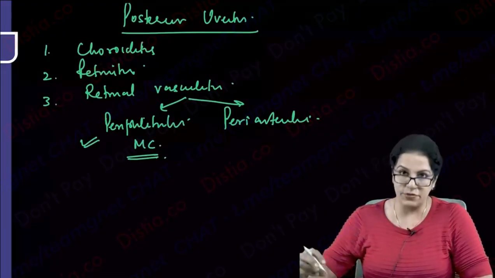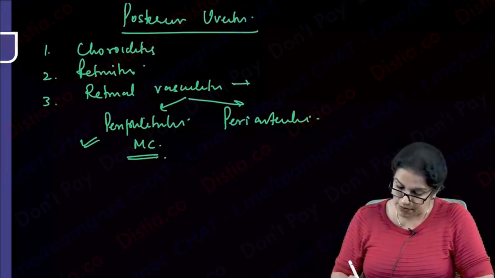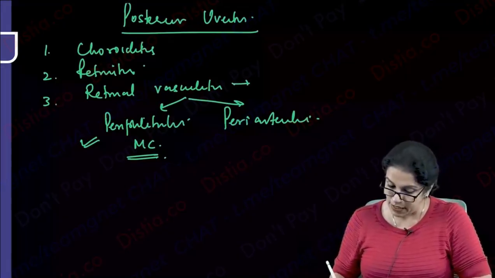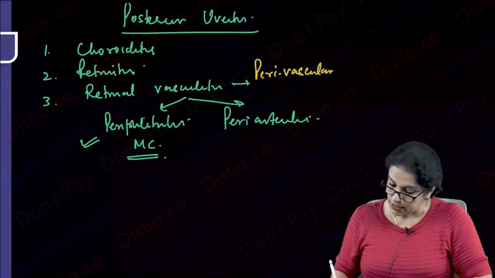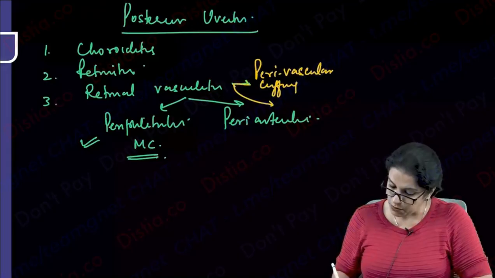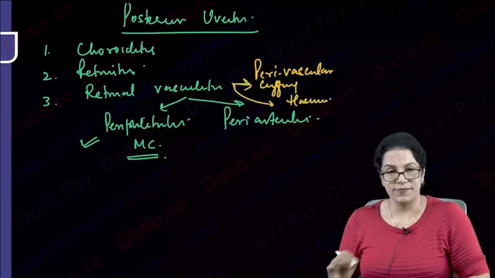Apart from inflammatory exudate covering the blood vessel, we also get hemorrhage. Generally when there is any blood vessel involvement, there will be perivascular cuffing. Cuffing means a covering with the inflammatory exudate. I am making it very simple, we are learning point-wise in the simplest way. And there will be hemorrhage.